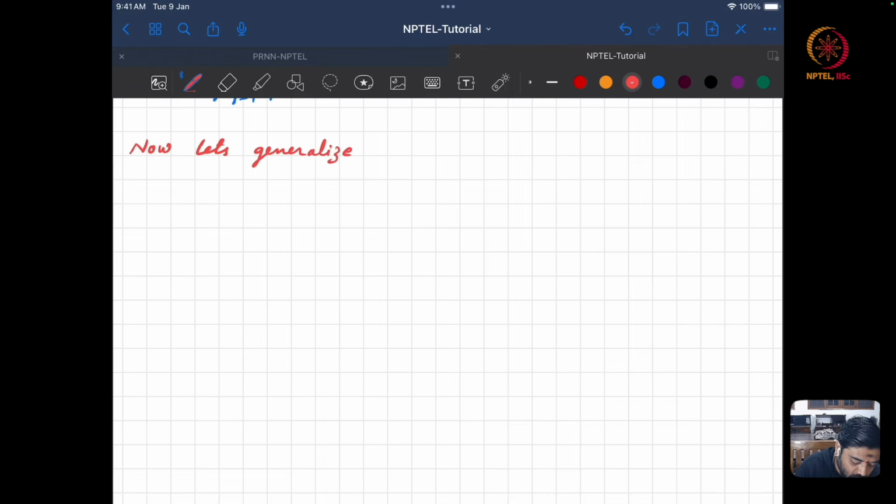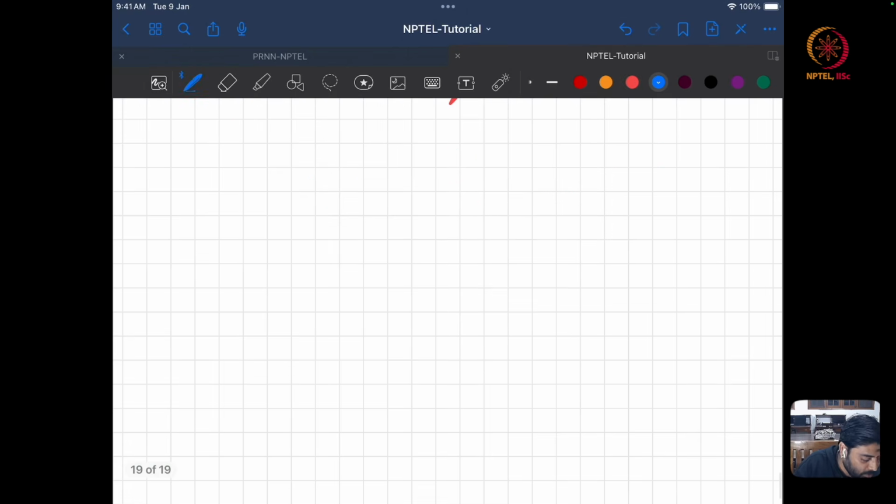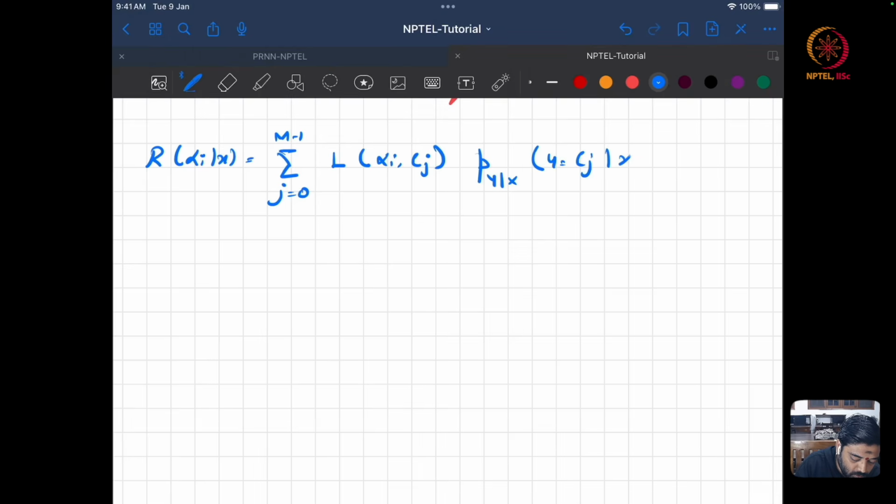Now let's generalize this to an M class case and 0-1 loss function. Let me reiterate how my risk looks. The risk given x equals the summation over all the true labels of the loss incurred when I say alpha i and the true label is Cj, times P of y equals Cj given x.